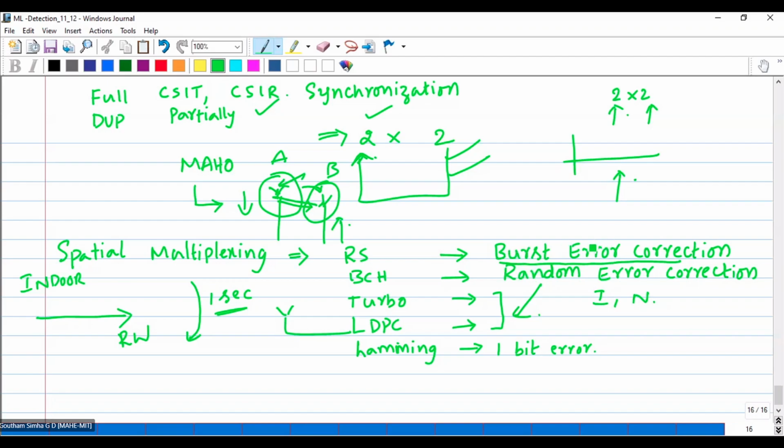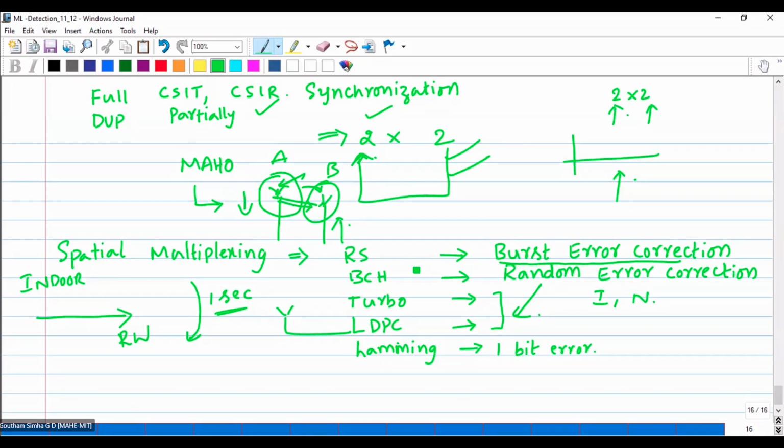So burst error correction is used because of so many disadvantages. In case of random errors, there is the BCH code, 3-bit error correcting, 6-bit error correcting, so many BCH error correction codes. BCH is the Bose-Chaudhuri-Hocquenghem code. Turbo code is a convolution code. LDPC is a low density parity check code. Hamming code is a 1-bit error correction code.